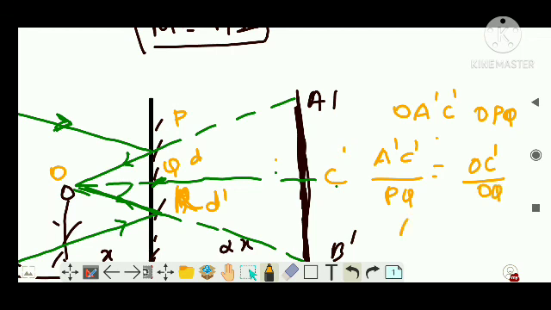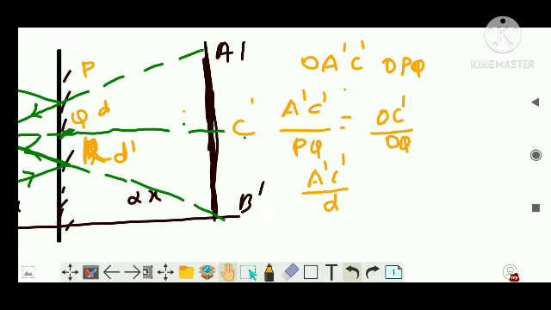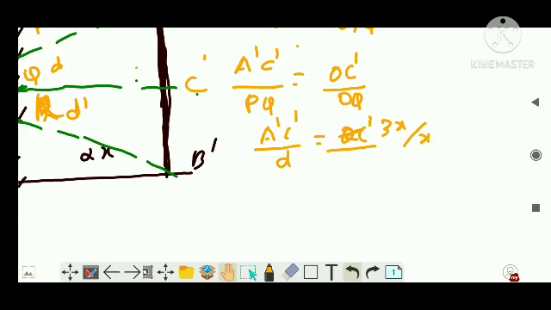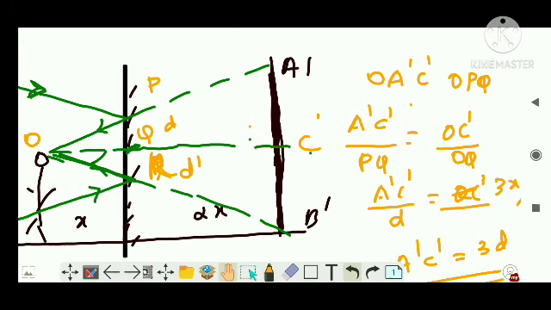PQ is D, and OC dash by OQ is 3x divided by x, because 2x plus x. That can be written as A dash C dash is equal to 3D. Clear?